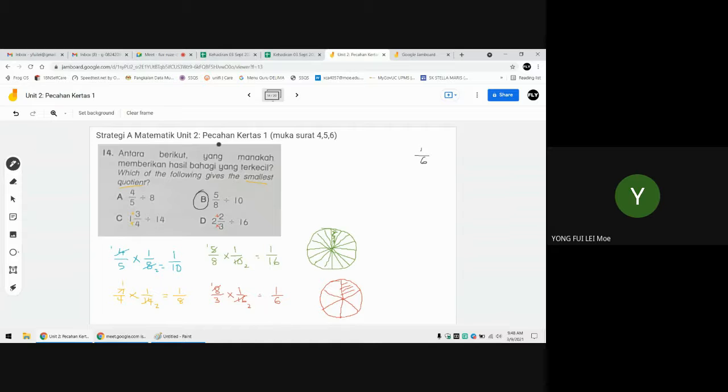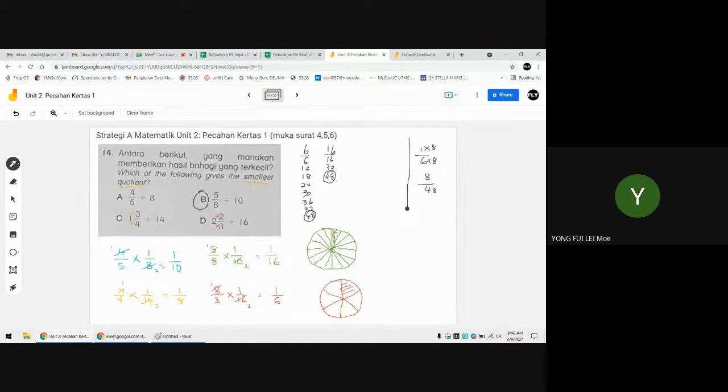I want to find the common denominator of 6 and 16. 6, 12, 18, 24, 30, 36, 42, 48. 16, 32, 48. So 48 is the common denominator.